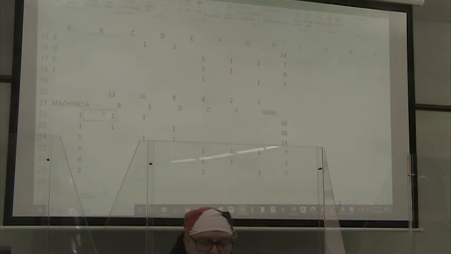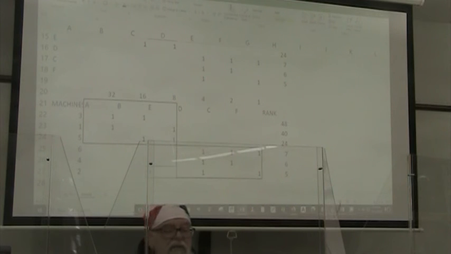That parts A, B, and E would go with machines 3, 1, and 5, and that parts D, C, and F would go with machines 6, 4, and 2.